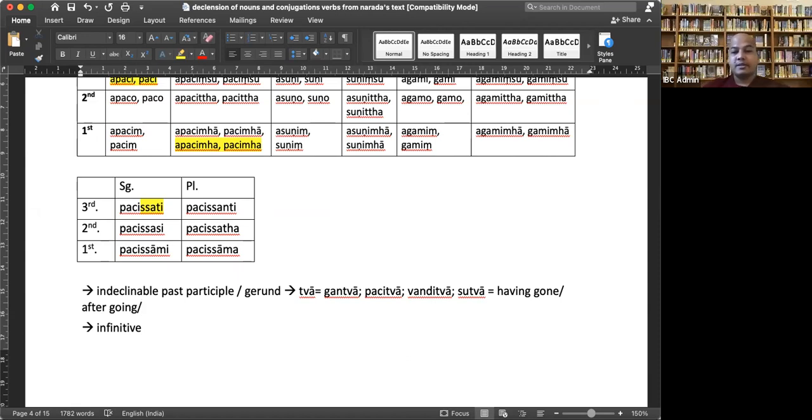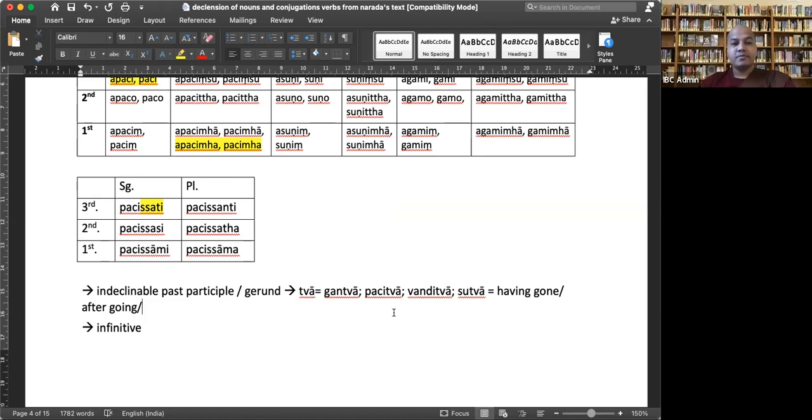So if gantva means having gone or after going, what would be the meaning of pachitva? Chayanon, what is the meaning of pachati? Cooks, right?